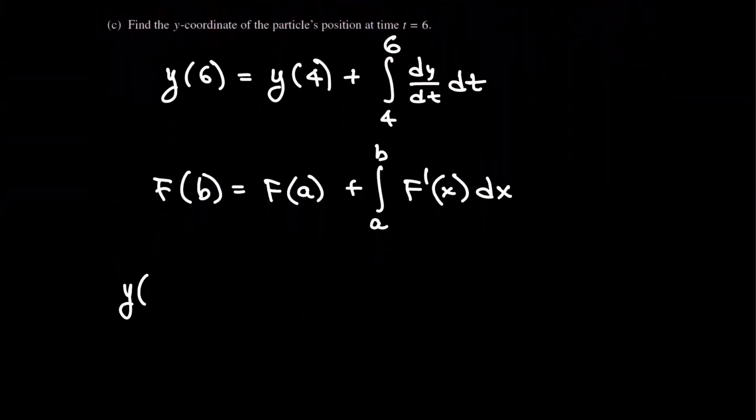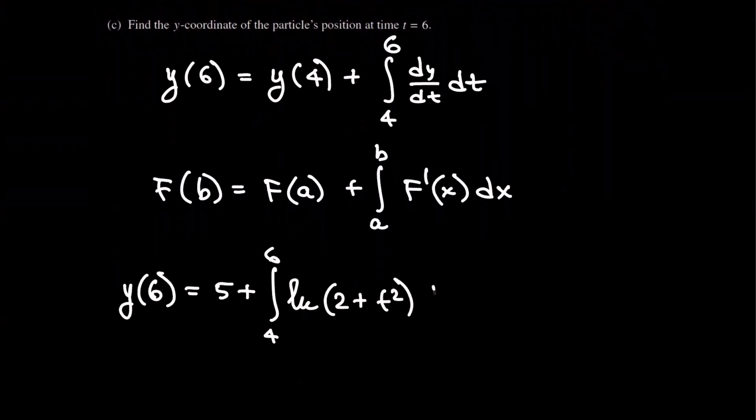We get y of 6 is equal to y of 4, which is 5, plus the integral from 4 to 6 of natural log of 2 plus t squared dt. And so let's pull out our calculators and calculate that.